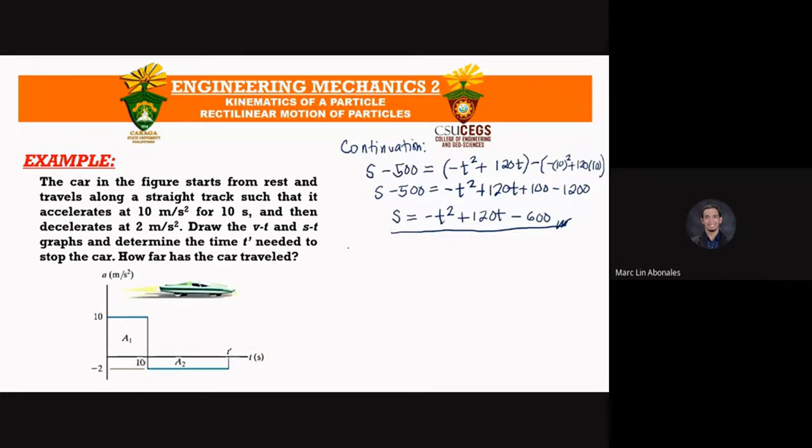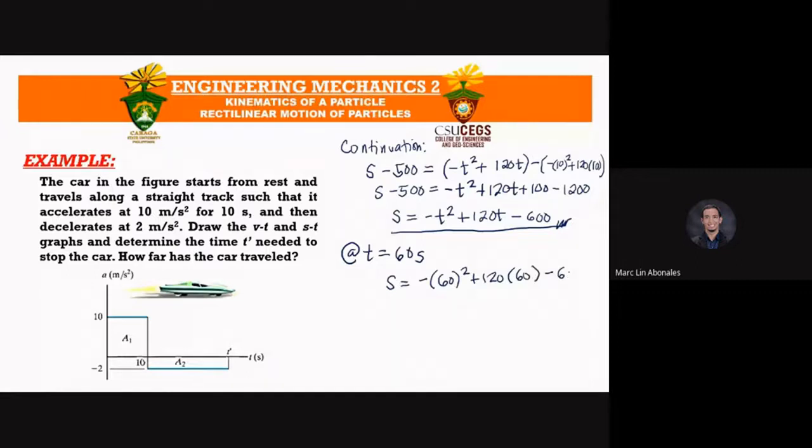So for this one, how far has the car traveled? Using this expression that we solved, the time we will use is the final time, that was 60 seconds. So we substitute here in our expression, that is S is equal to negative 60 squared plus 120 times 60 minus 600.